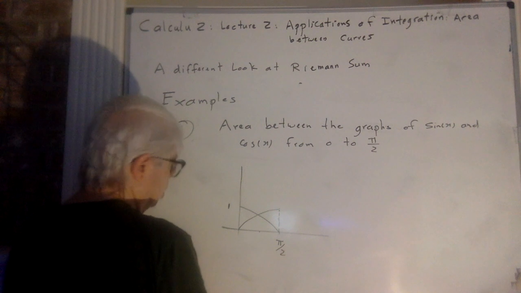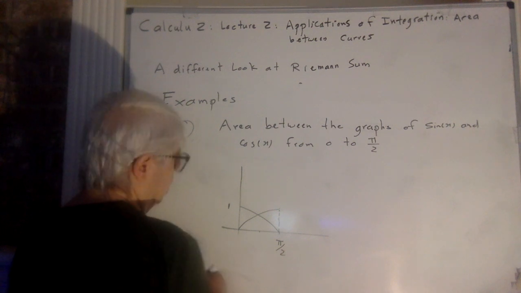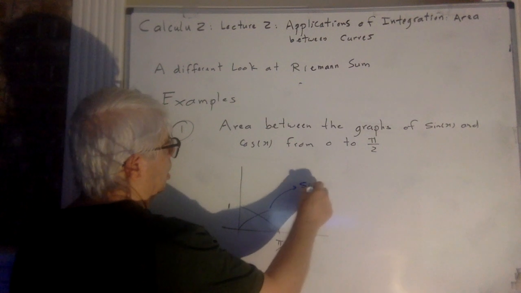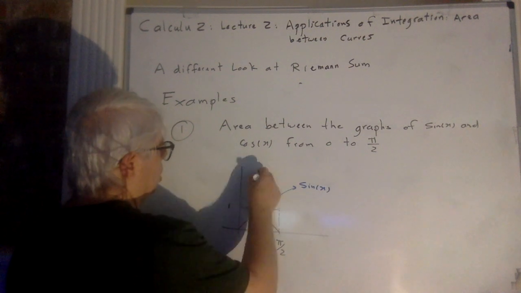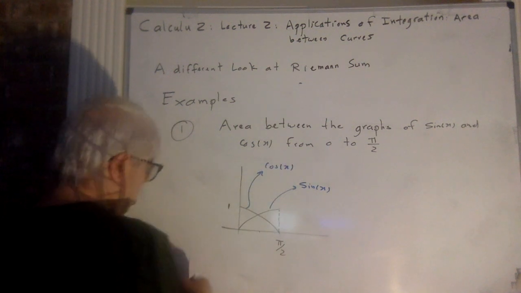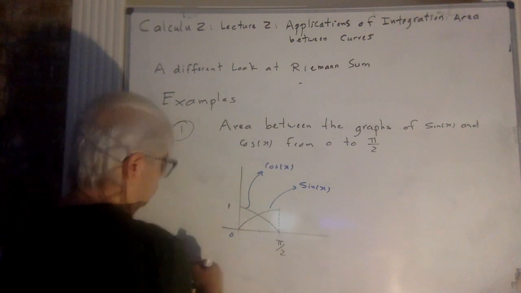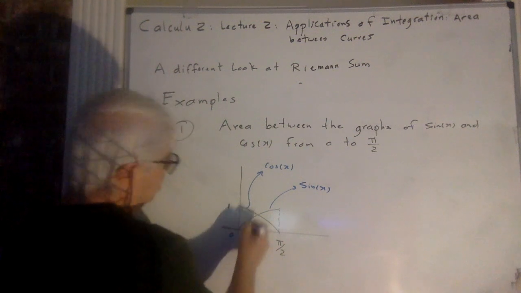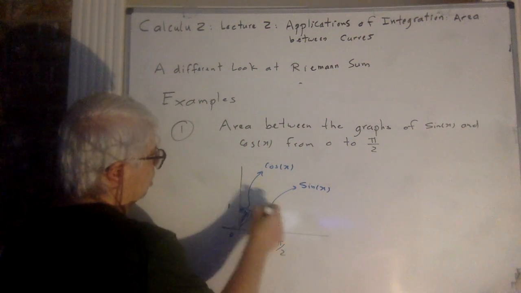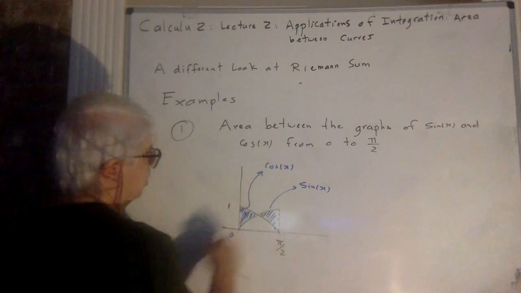This one is the graph of sine x, and this one is the graph of cosine x. And this is 0 and pi over 2. The area that I'm looking to find is this area.